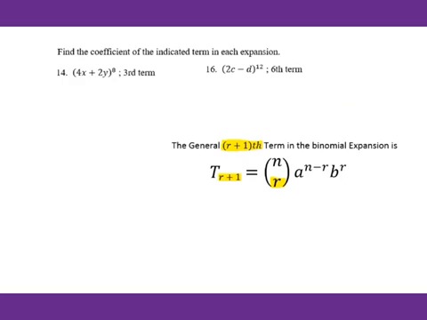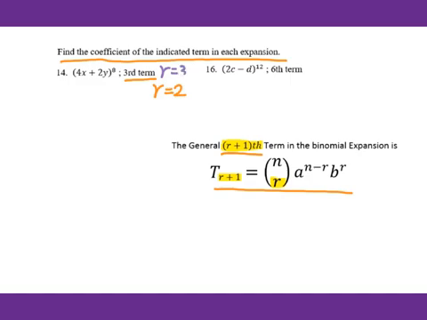For number 14, find the coefficient of the indicated term in each expansion. Third term, that means r equals 2, because this one is the r plus 1's term. Therefore, when you're working on this r, you always use your term minus 1, you get 2.